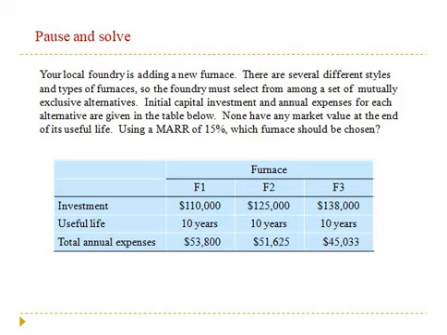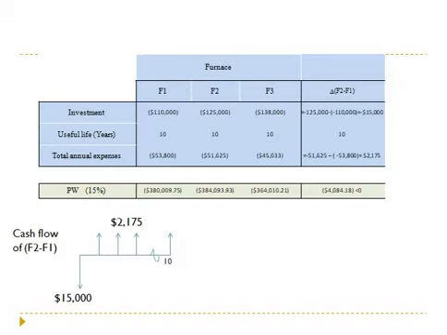So I will have to subtract F2 minus F1. By subtracting F2 minus F1, this means that I will subtract all the values. What do I have? The initial investment. Here I will look at the minus sign. With the ranking or ordering, you just say that this is the investment, the second one has a higher investment, and the third has a higher investment, so this is their order.